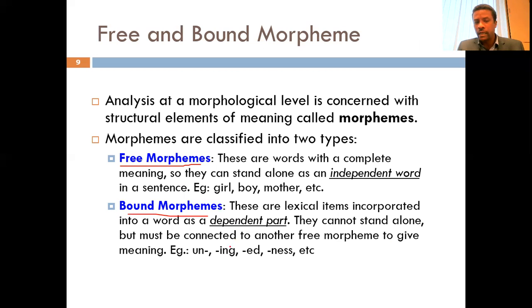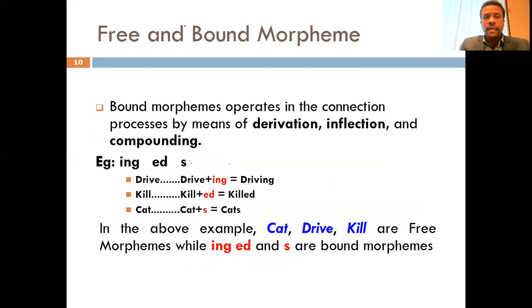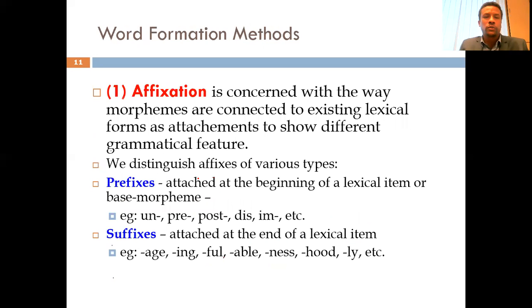As we said earlier, for the English examples, the morphemes an, ing, ed, and s, we call them bound morphemes because they don't have any meaning by themselves. So if you have the word driving, then drive, kill, and cut are free morphemes, whereas ing, ed, and s are bound morphemes. This is a very simple differentiation between the two.